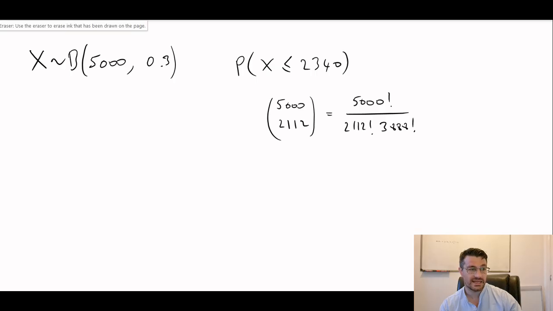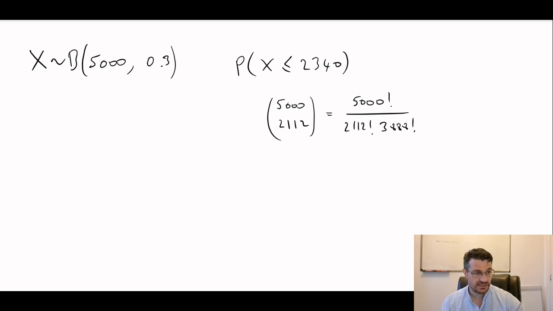There's not really any necessity from a practical perspective to know the exact value of this probability. So what we can do instead is choose a suitable normal distribution to approximate these.